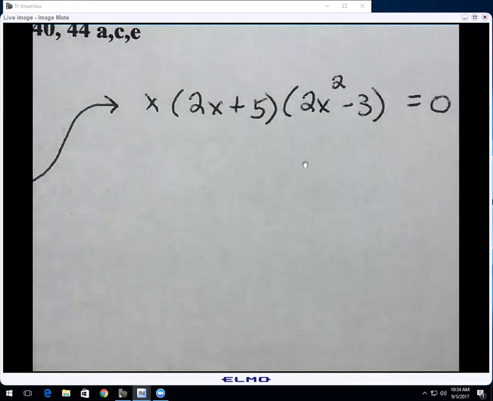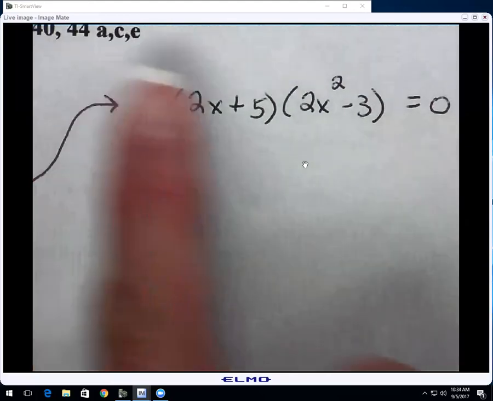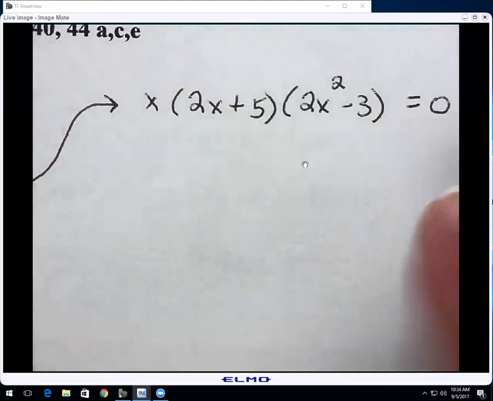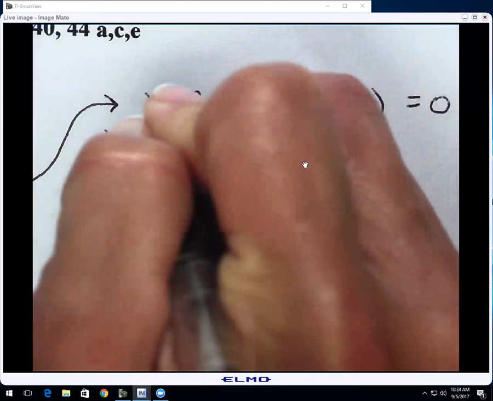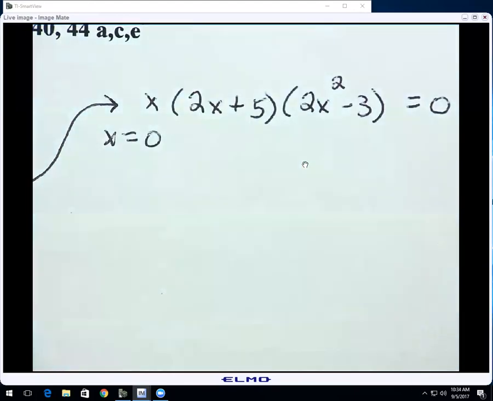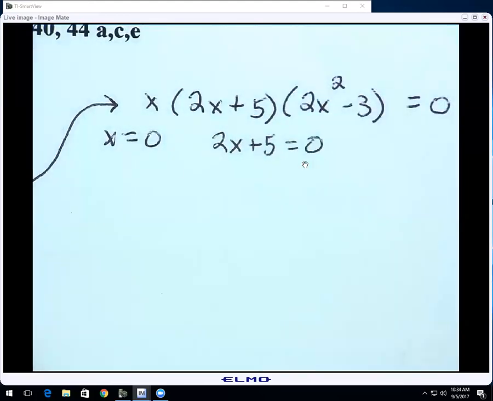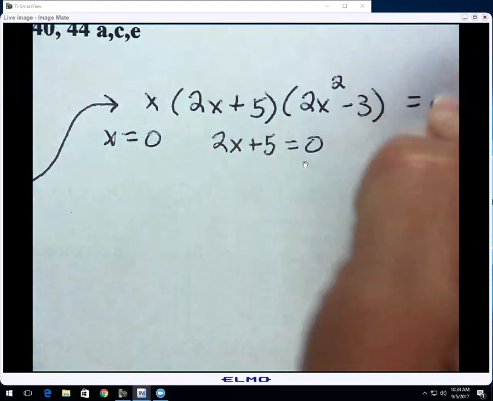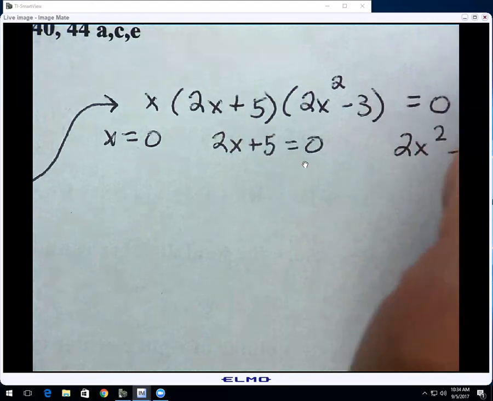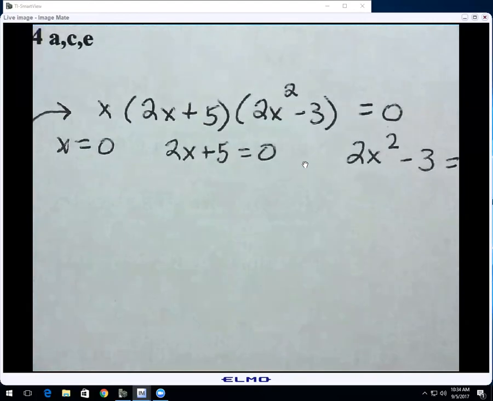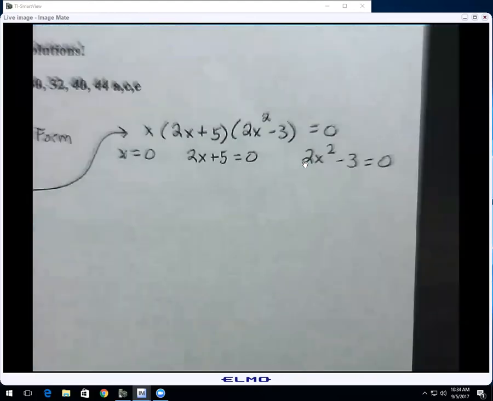Factored out of x, I just put it out front because that's where I like my monomials. And now that I have it factored, I can say if three things multiply together to give you 0, either the first one has to equal 0, or the second one has to equal 0, or the third one has to equal 0. And now I'm solving those three equations.